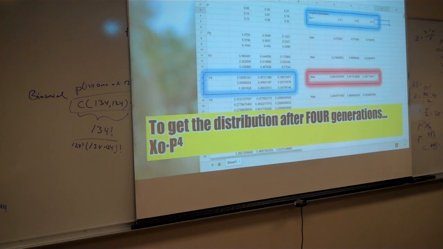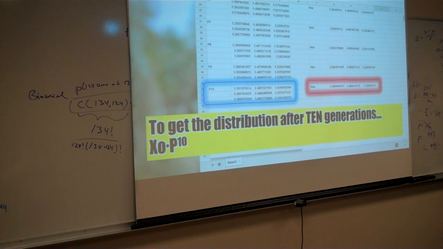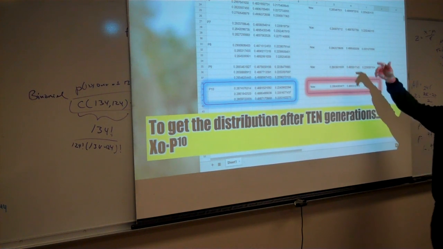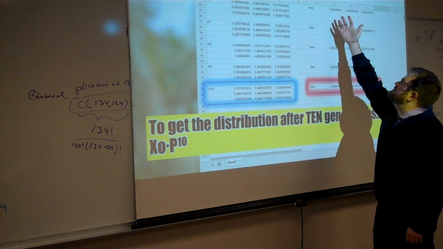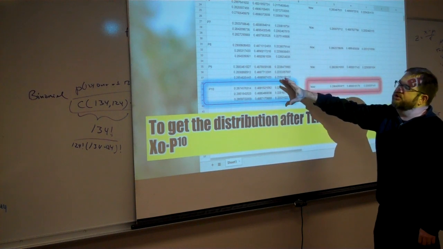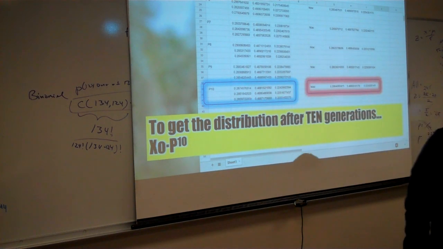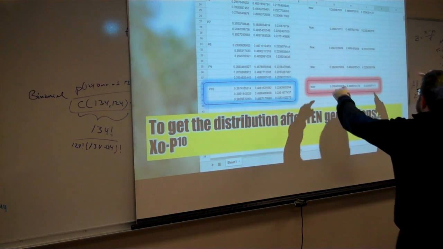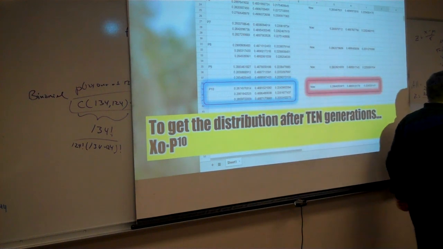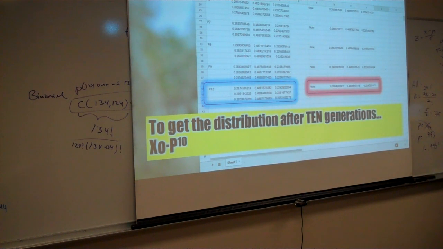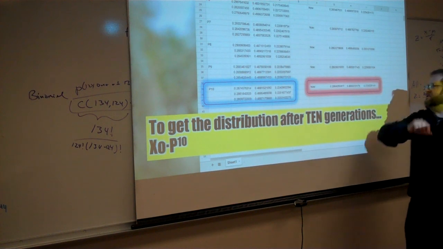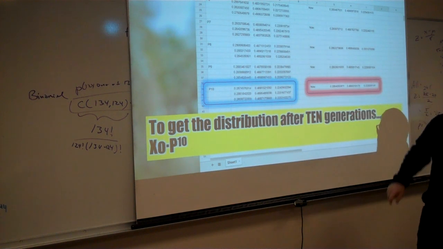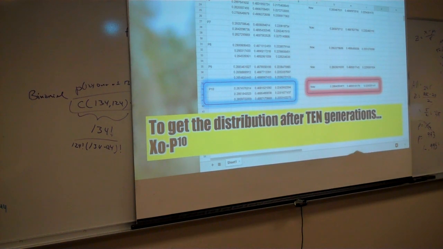And I can keep going all the way down to the 10th generation. I took our original population distribution vector and multiplied it by the 10th power of the transition matrix. And I now have, in 10 generations, what the population will look like. In that case, 28% of the population will be in group 1, 48% in group 2, and 22.5% in group 3.